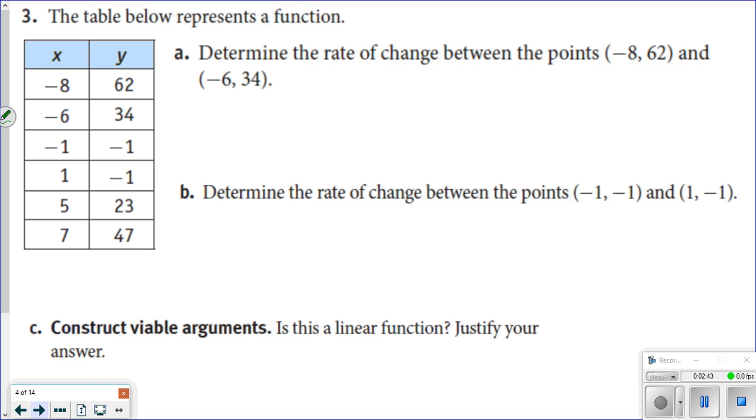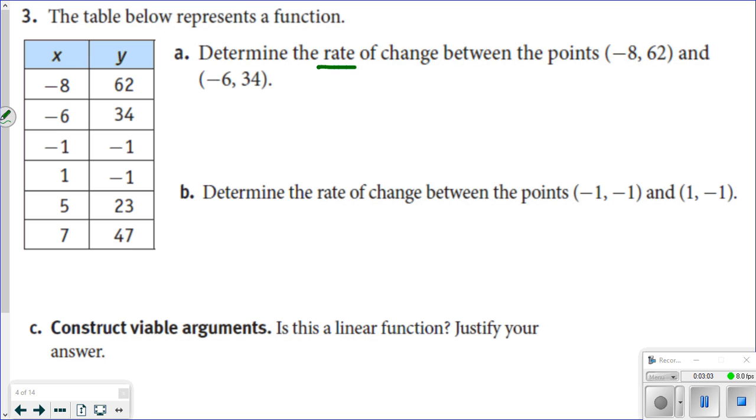Next page. Question 3. The table below represents a function. So in our first column we have x's, in our second column we have y's. Question A says determine the rate of change.